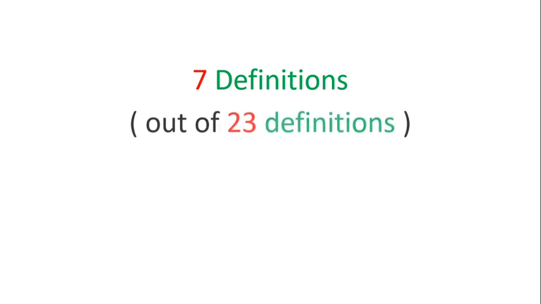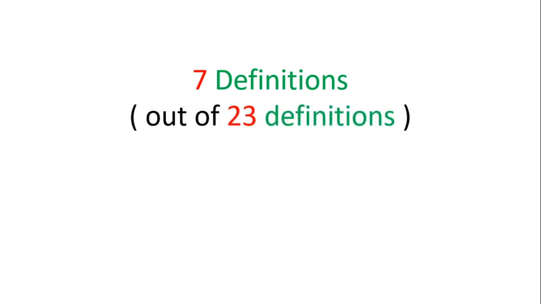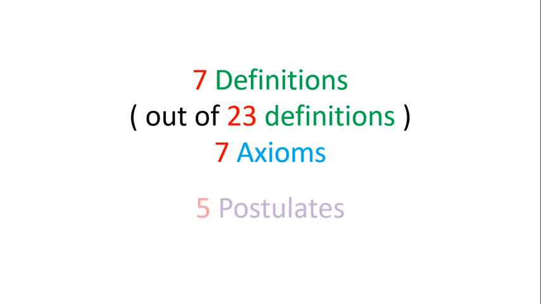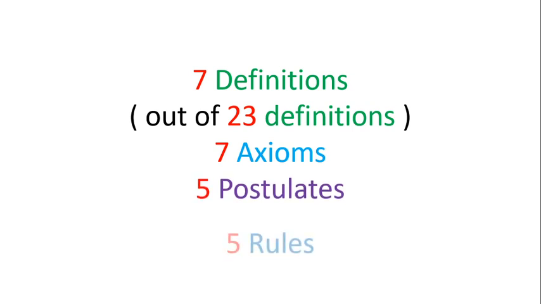In our 9th standard textbook, please remember, in CBSE textbook I am talking, there are 7 definitions given out of 23. In fact, in the volume number 1, he has given 23 definitions. But in our CBSE textbook, only 7 definitions are given, followed by 5 postulates and 5 rules.